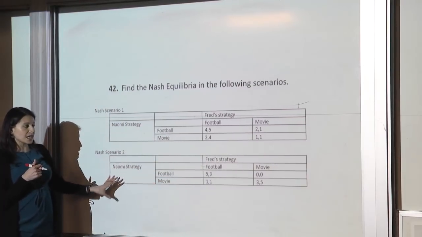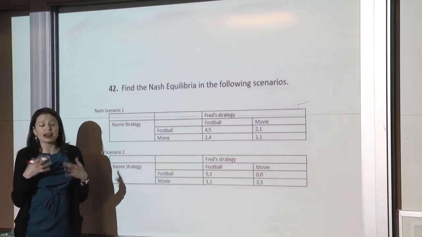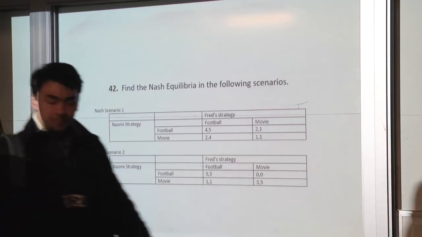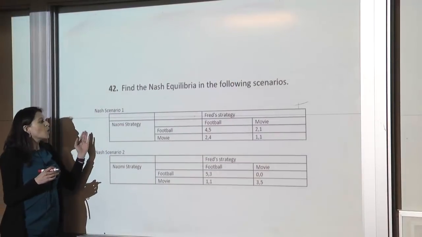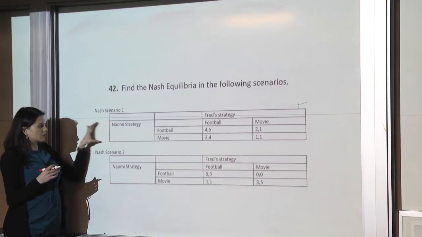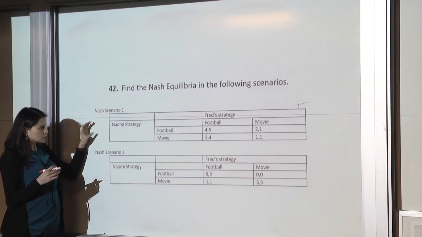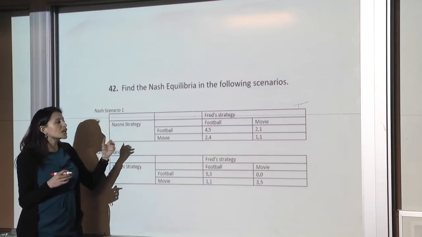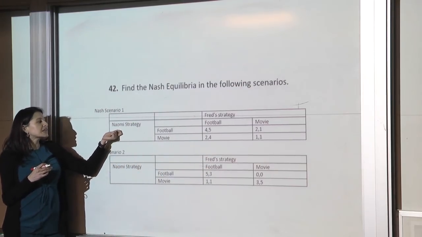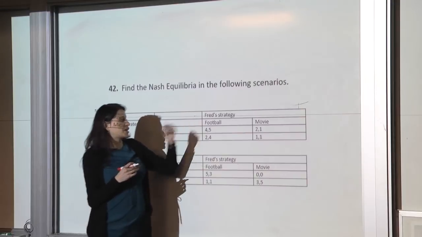So when you face these type of questions, I think that the best way to tackle this type of question to find a Nash equilibrium is the following. You start thinking about what is the best thing that, let's say, player 1 on the rows can do given what player 2 does. In this case, what is the best thing that Naomi can do given what Fred does?